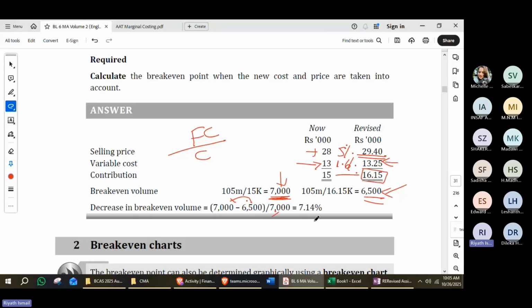The base value is 7,000. Now see, the break-even point reduces by 7.14%. You see how marketers earn profit. Always marketers win, even when they increase the price. Marketers always want material prices to go up, then they can get multiple profits.